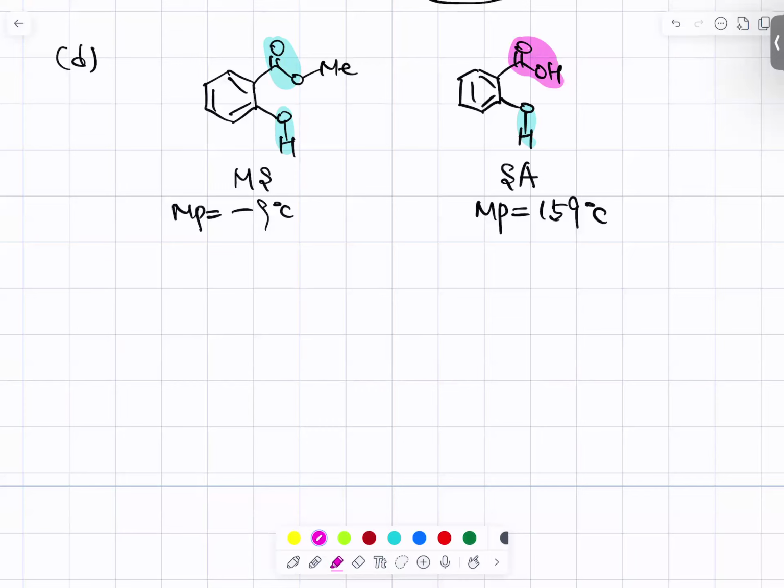Now let's compare the left hand side and right hand side. They both have a benzene ring, same functionality, and the same hydroxyl group. The only difference is that methyl salicylate has an ester, and salicylic acid has a carboxylic acid. The ester was transformed into a carboxylic acid in a chemical reaction with a base. Okay, so the ester has a polar bond, and it has dipole force.